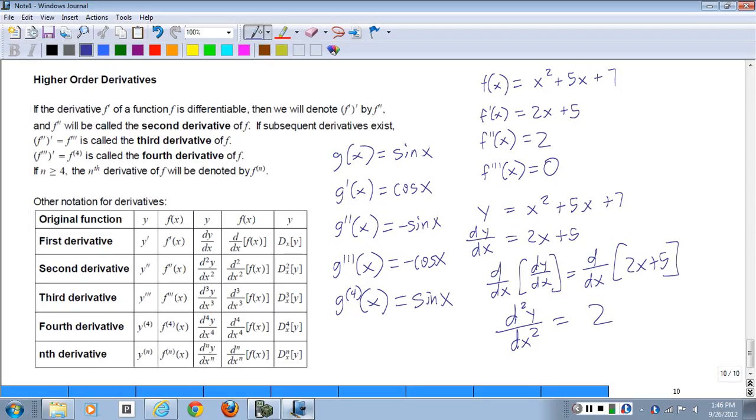We won't use this notation all that much in this class. In differential equations, you would run into this notation a little bit in Calc 3, particularly when it might be important which variable you're differentiating with respect to.